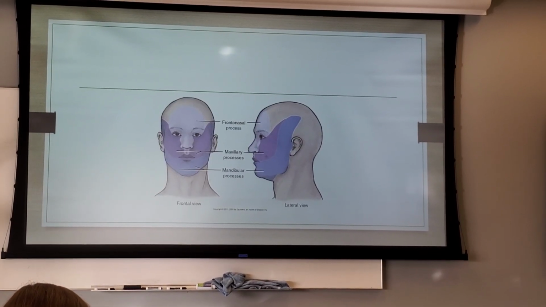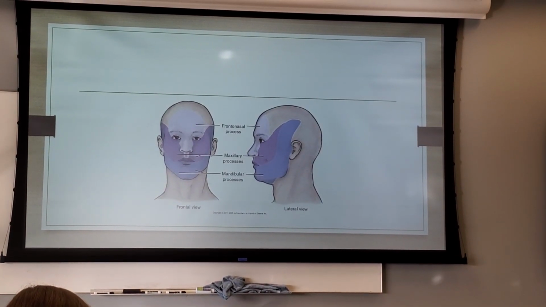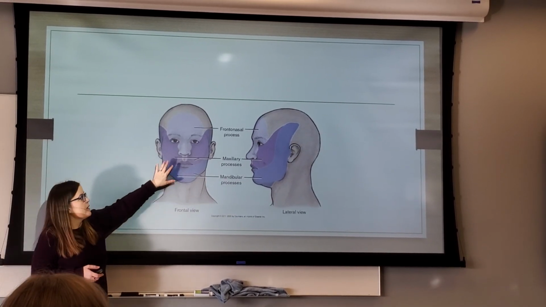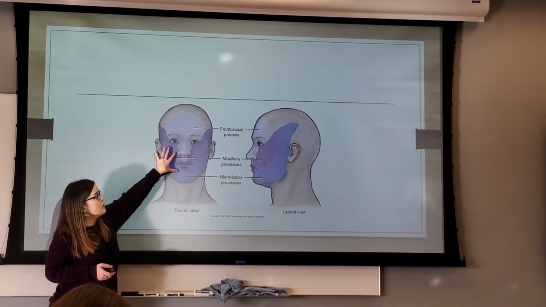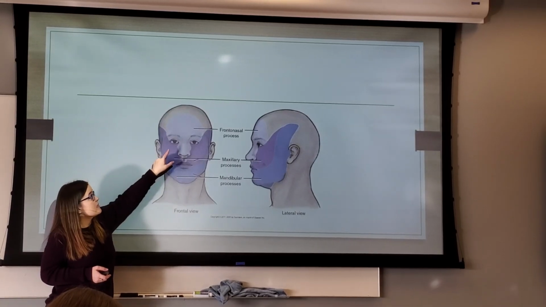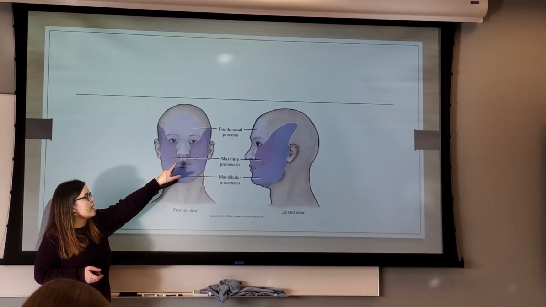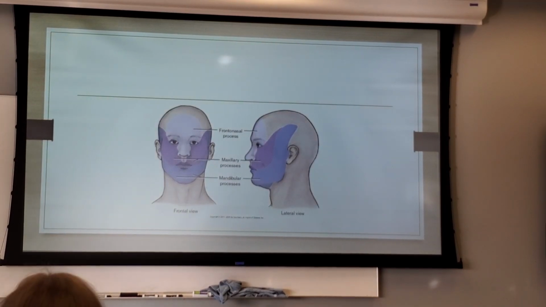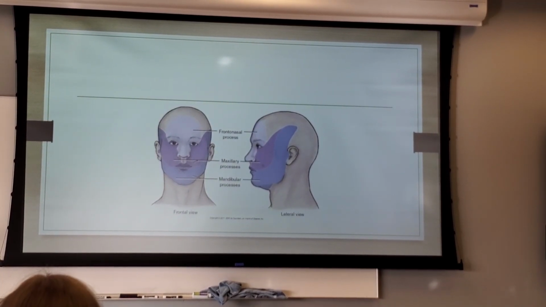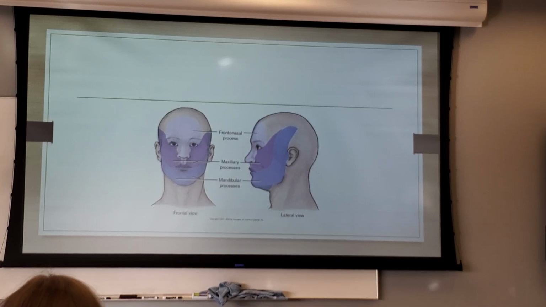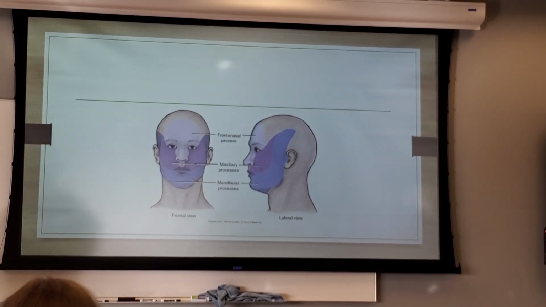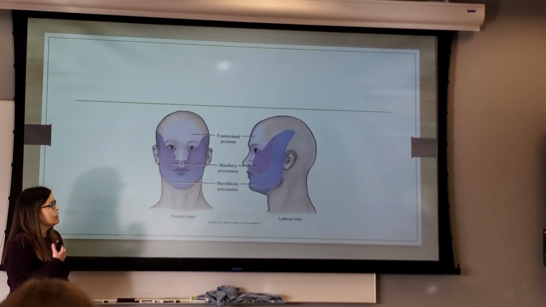If we look at a human, we can see that it looks similar. Here's our first branchial arch, which is our mandible and our maxilla, and our frontal nasal process actually forms part of our maxilla. So our maxilla comes from two different processes, and comes down to develop our philtrum, our nose, and the structures associated with the anterior portion.